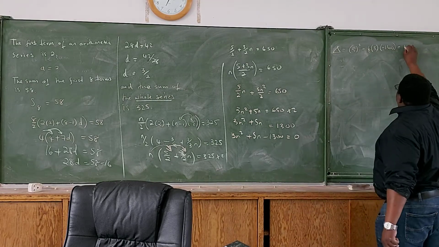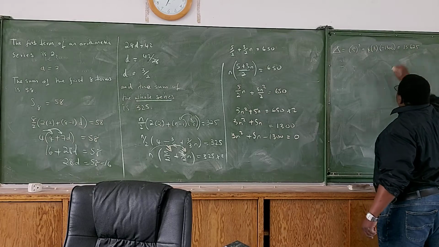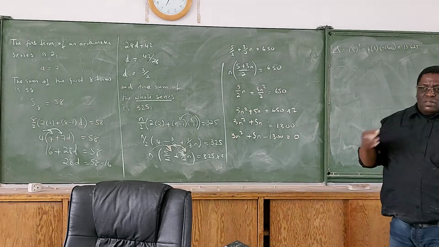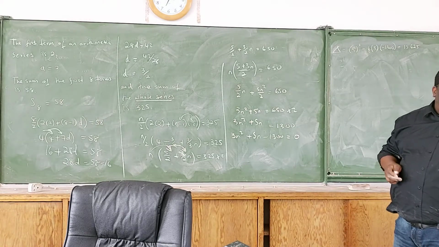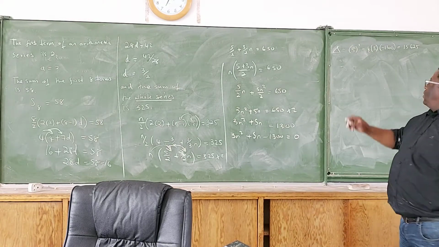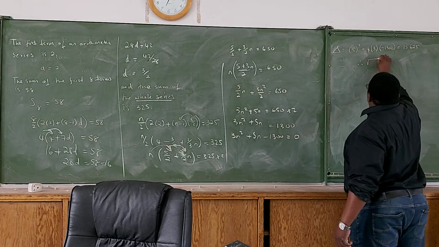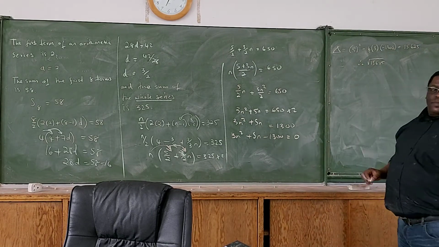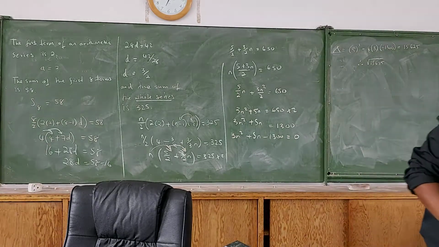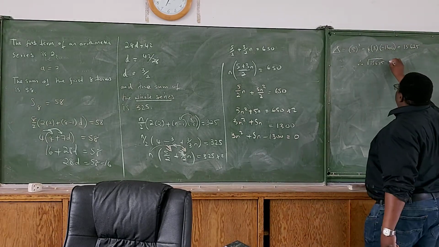Good. Which means there's a solution. Square root of that. What is the square root of 15,625? Okay, good, 125. So this is 125, yes?